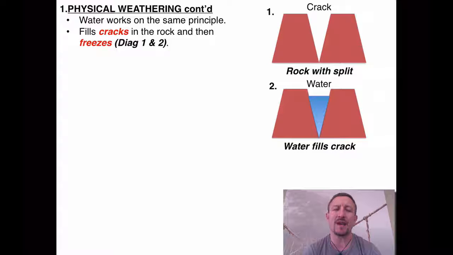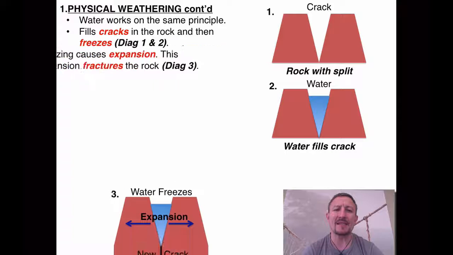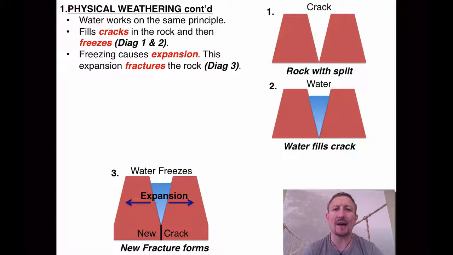In somewhere like a desert, the water expands, and as it expands, it pushes the rock apart, only very slightly, and it forms a new crack. You can see in diagram 3 the black line at the bottom showing the new crack. This is due to the expansion of that frozen water.